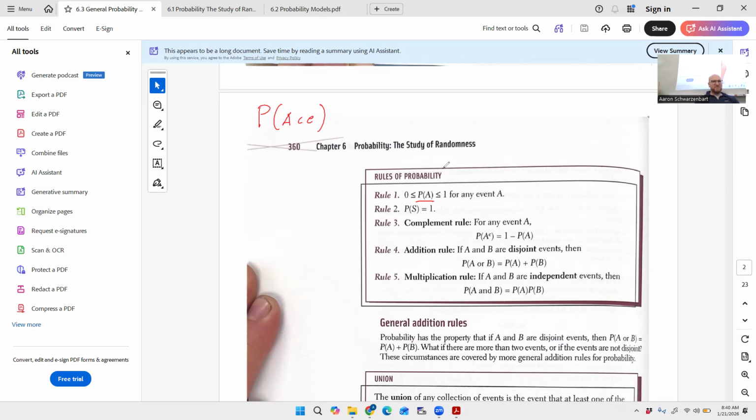The probability of any event is always something between, including, 0 and 1. The probability that tomorrow's my 20th birthday is 0. The probability that tomorrow is January 22nd, 2026 is 100%.